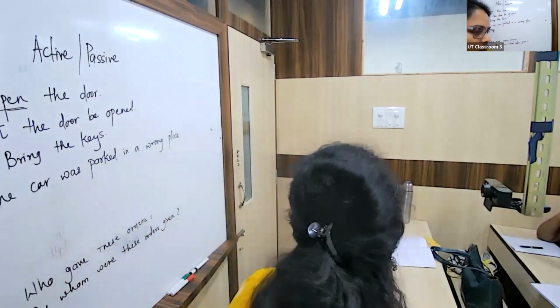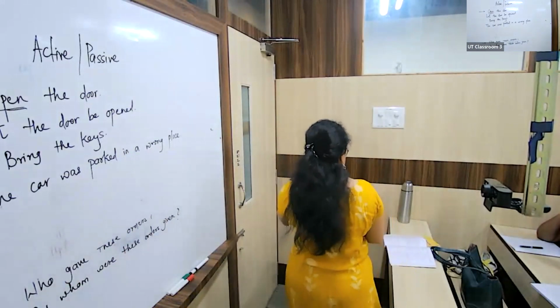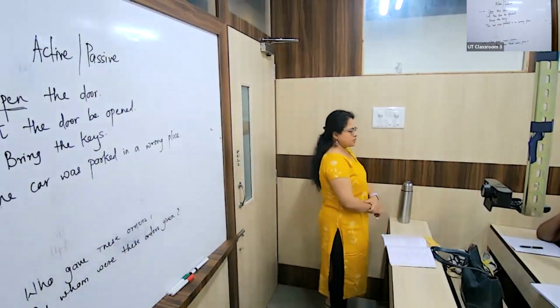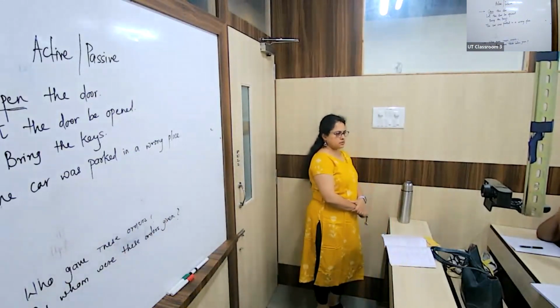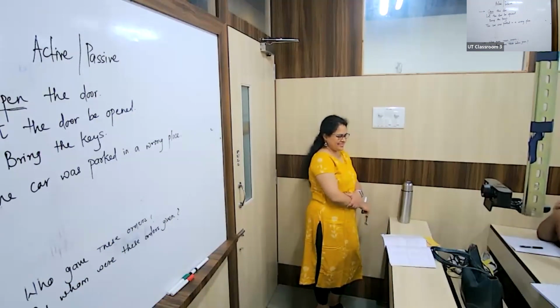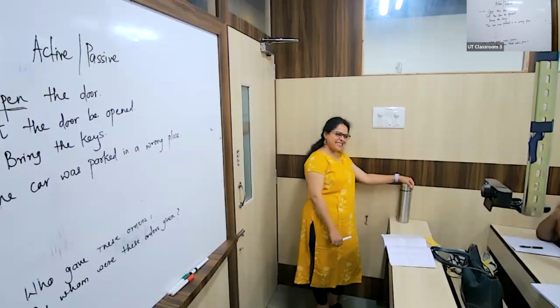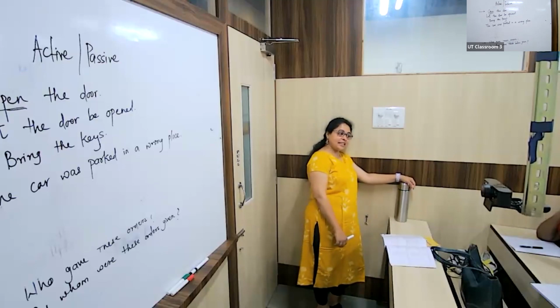The car was parked in a wrong place. In a wrong place, the car was parked. Then what should it be? Is the sentence in active voice or passive voice? Who is doing the action?